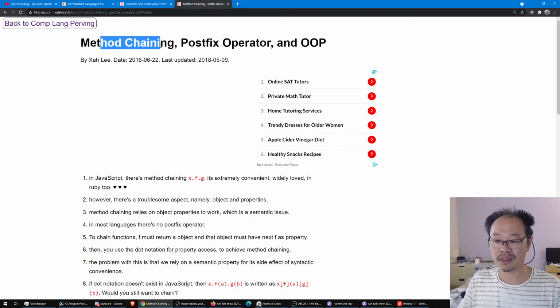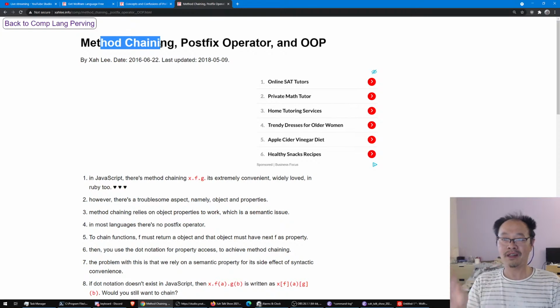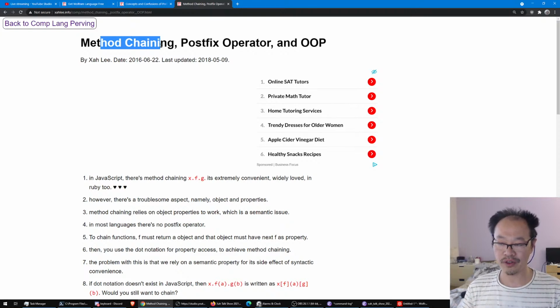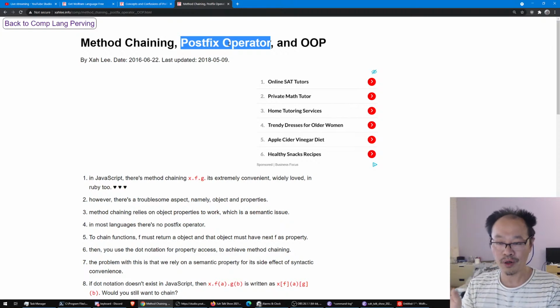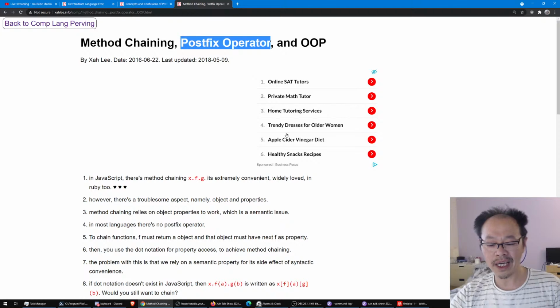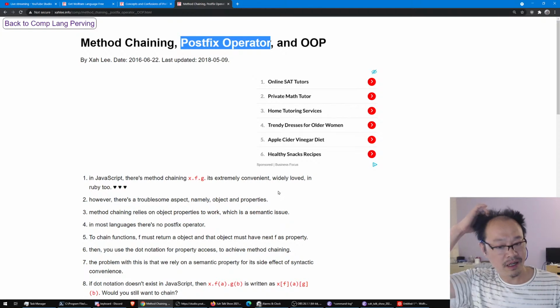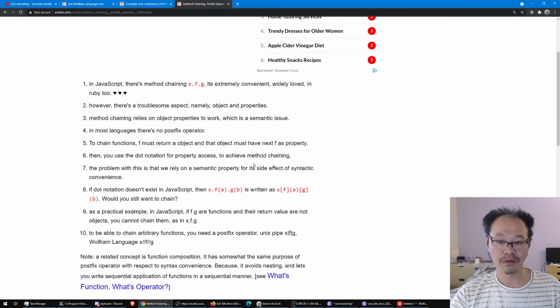You see programmers talk about it all the time, but they don't know what they are talking about. Method chaining, from a notational point of view, is postfix notation. In other words, the dot can be considered a postfix operator. Again, there are many details. For example, in JavaScript, when you say x.f.g, it's actually not postfix notation.